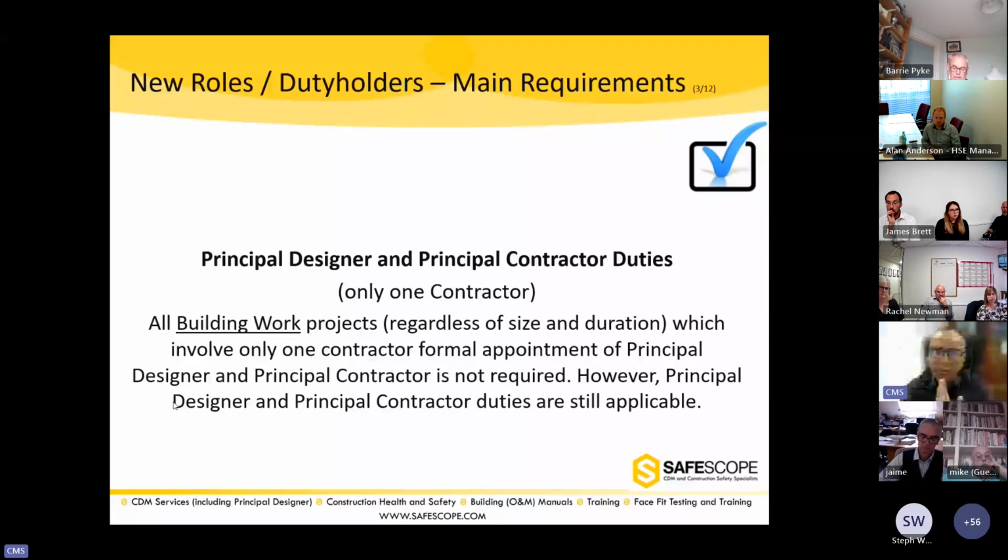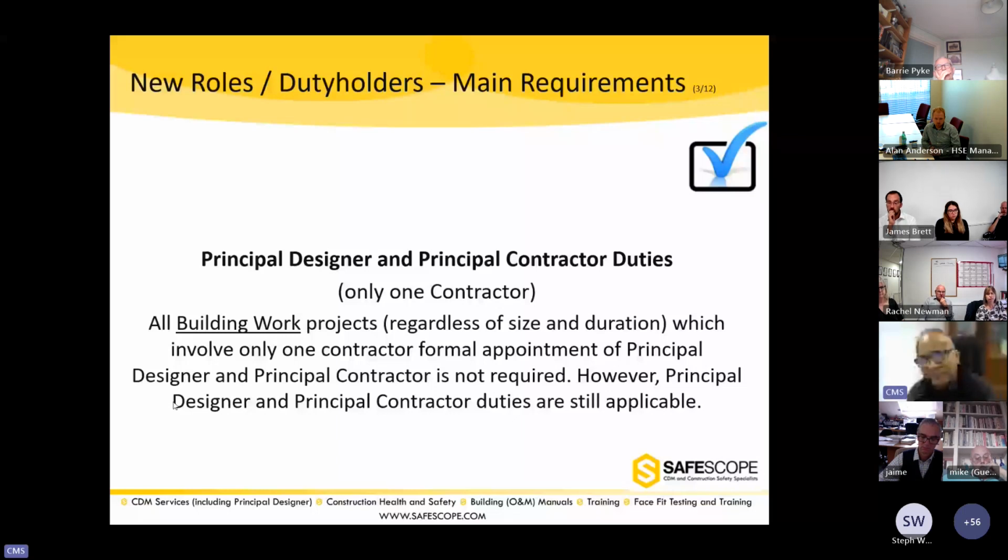Now, where there's only one contractor, all building projects, regardless of size and duration, which involve one contractor, formal appointment of a principal designer and principal contractor is not required. So the client doesn't have to appoint a principal designer and principal contractor where there's only one contractor.